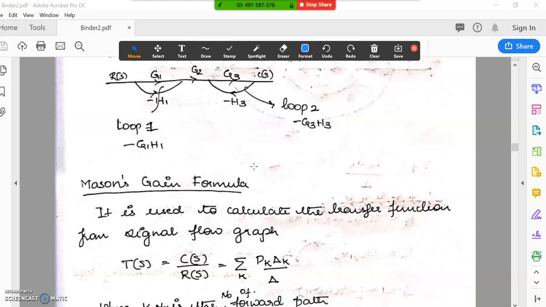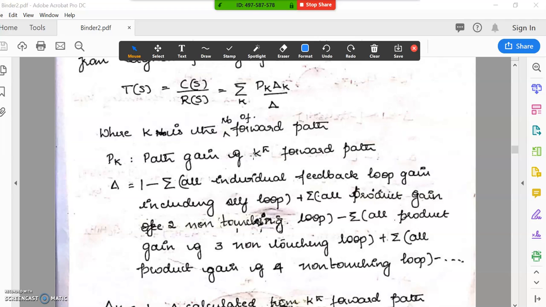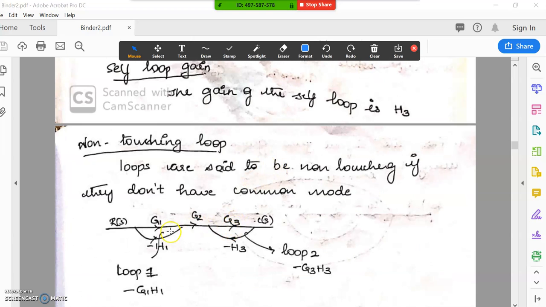Suppose there are three feedback loops, that is the feedback gain of the first loop plus the feedback gain of the second loop plus the feedback gain of the third loop, and if there is a self loop, the feedback gain of the self loop as well, plus all the product gains of non-touching loops. As we saw here, the product gain. Here we are talking about the product gain. Okay, that was not what we were seeing in the transfer block diagram.